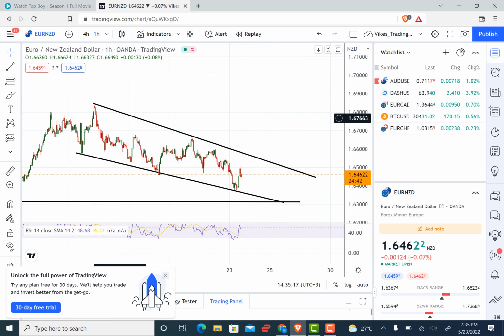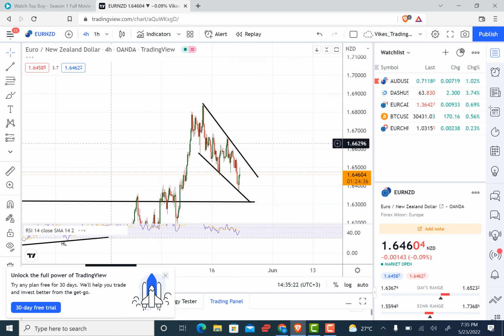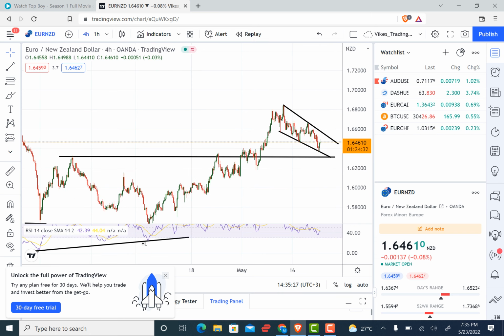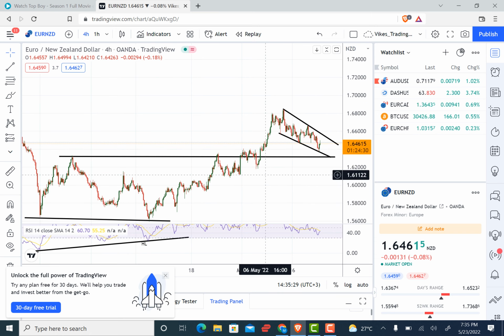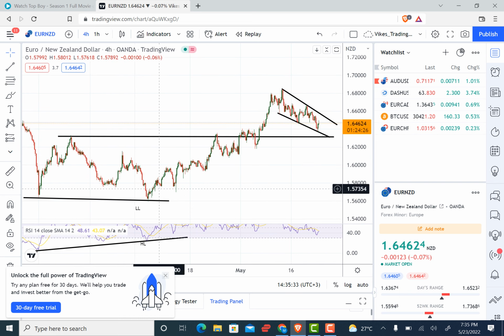Targets for W pattern. So targets for W pattern in this scenario, I told you if you get an opportunity around this place, your first target should be at the neckline.